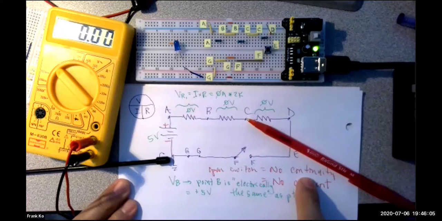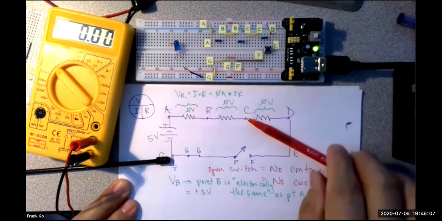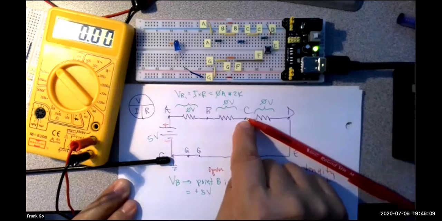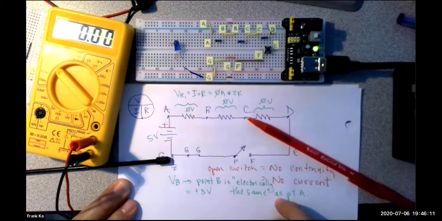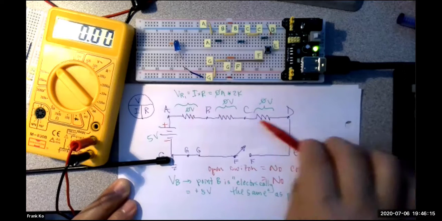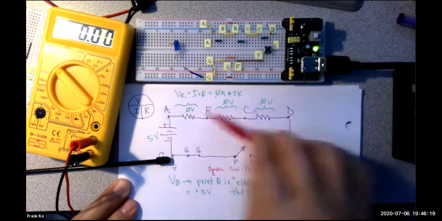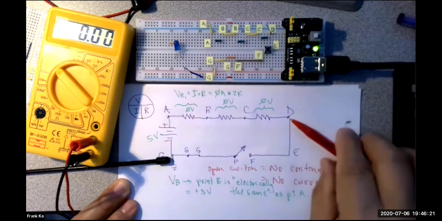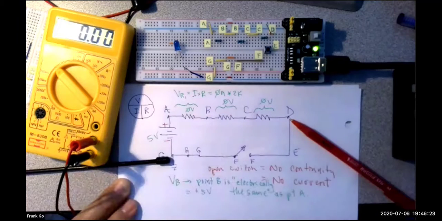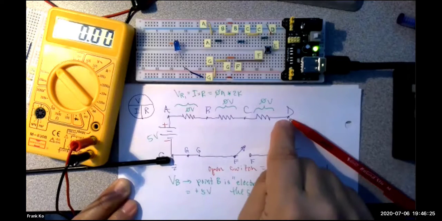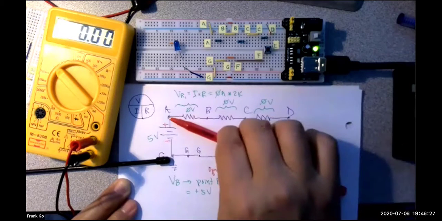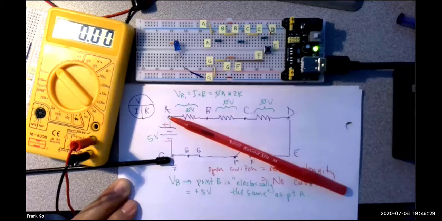Not if there's no continuity, not if there's no current. That means point C is electrically the same as B. In fact, all of these points, because they are all connected with resistors, but there's no drop, D is electrically the same as A. So if D is the same as A, what do we expect between A and ground?